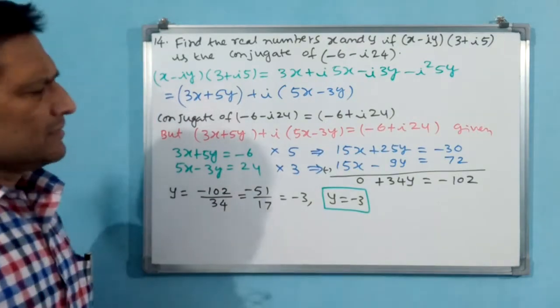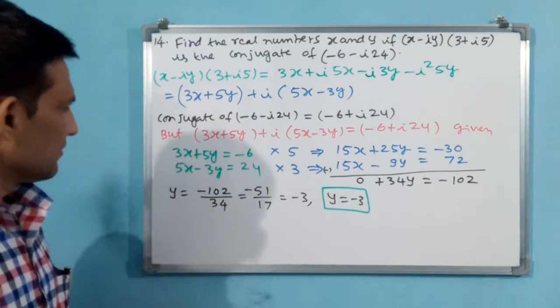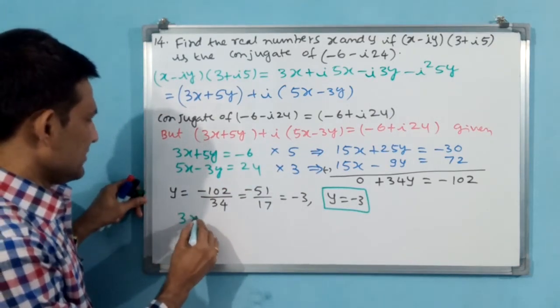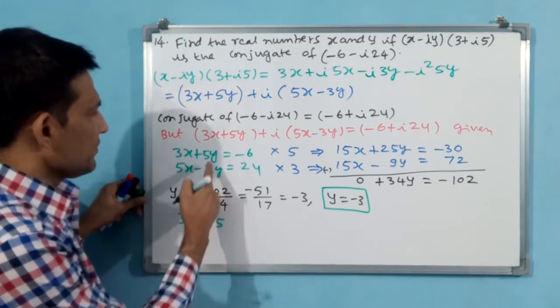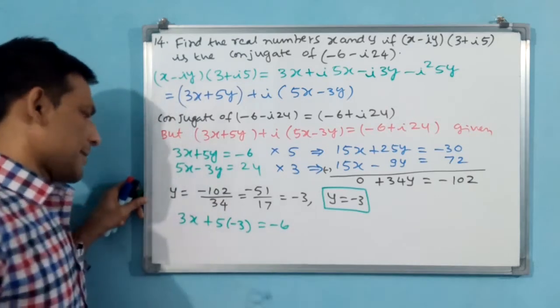Now how to get x? You substitute this y in this equation. Write down: 3 into x plus 5 into y, y is minus 3, is equal to minus 6. 5 into minus 3, minus 15.